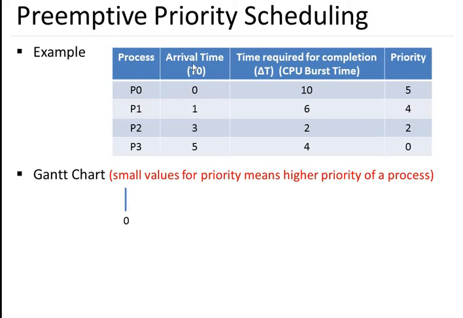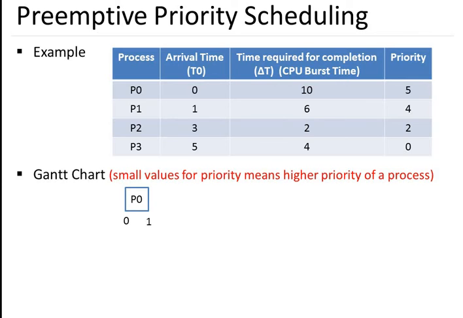As the arrival time of each process is given, right now at time t equals 0, process P0 has arrived. Obviously we have no other process to compare with, so process P0 will be executed.